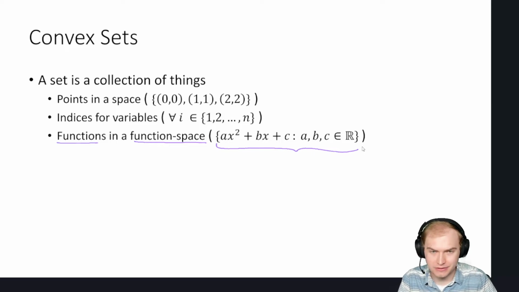If you don't understand what you're looking at here with this set builder notation, this just means the set of all functions ax squared plus bx plus c such that a, b, and c are real numbers. We are not going to do anything with the set of quadratic equations, but I thought it might be fun to show you that you can do that.